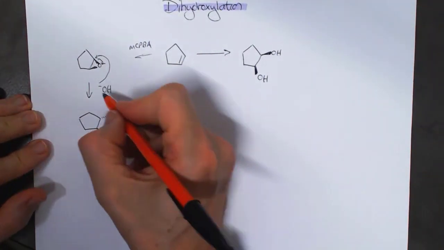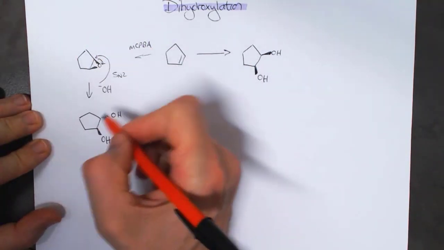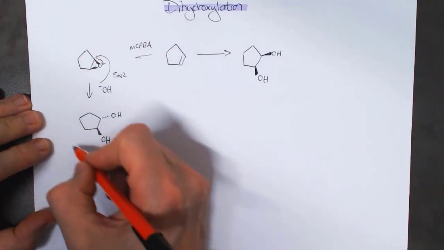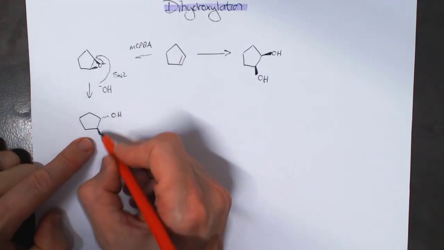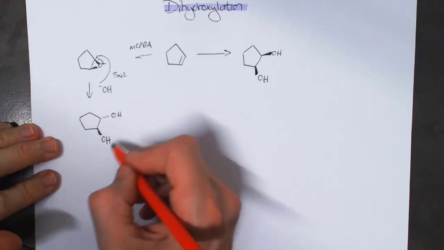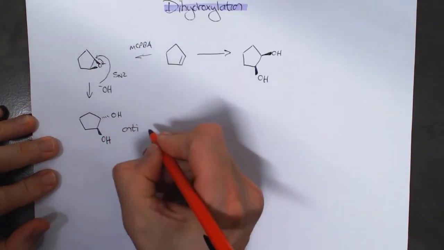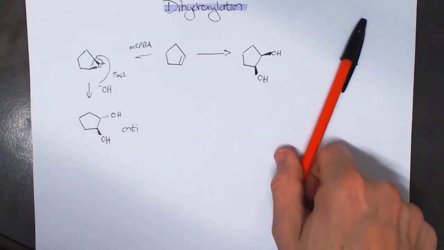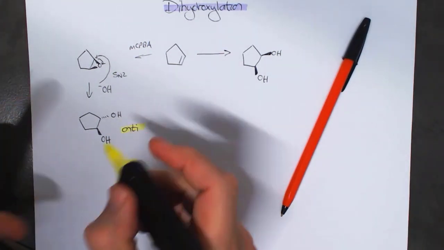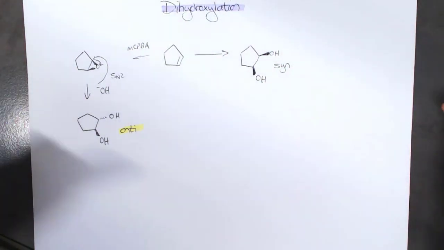Okay, so we've done an SN2 reaction over there, and in two steps we've been able to take this and we get this dihydroxylated product. Now notice, of course, that the two OHs are on opposite sides to each other. There is a relationship between them which we would talk about being anti, because they're on the opposite sides as opposed to the term syn, which is where they're on the same side, which is this example over here.